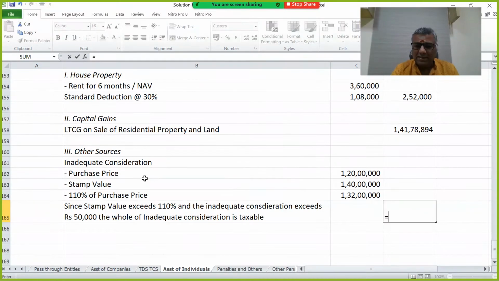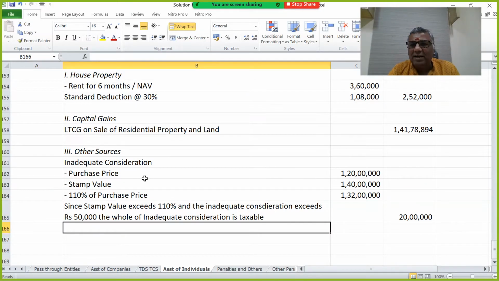So what the assessee did, he had purchased at 120 and claimed exemption, but when we are reading that line, we are also clear that there was a stamp value given. Whenever you see a purchase in the question paper, if they give you the stamp value, somewhere in your mind it should ring that they are coming to inadequate consideration as a concept.